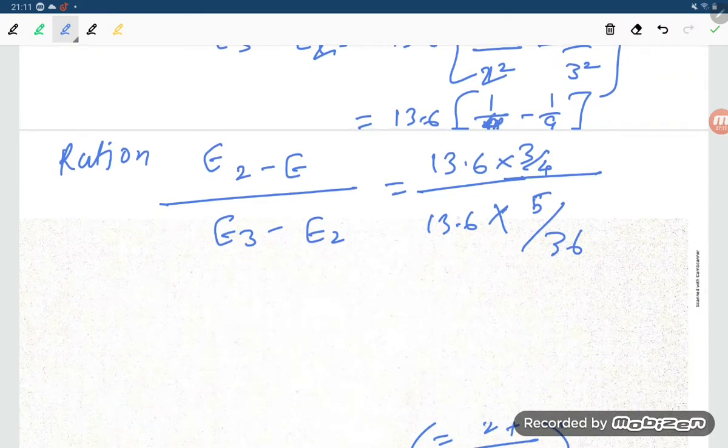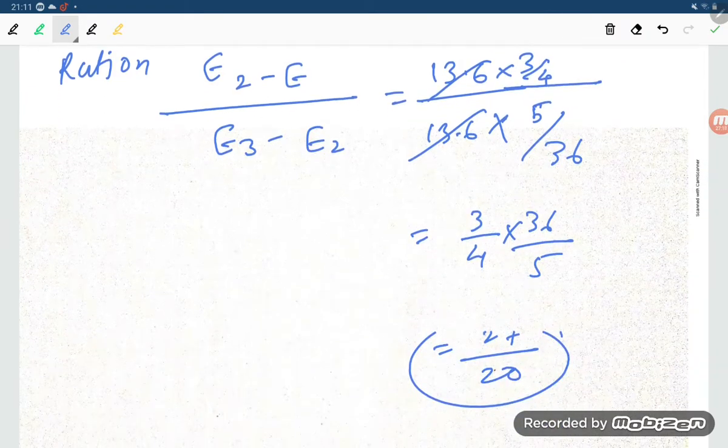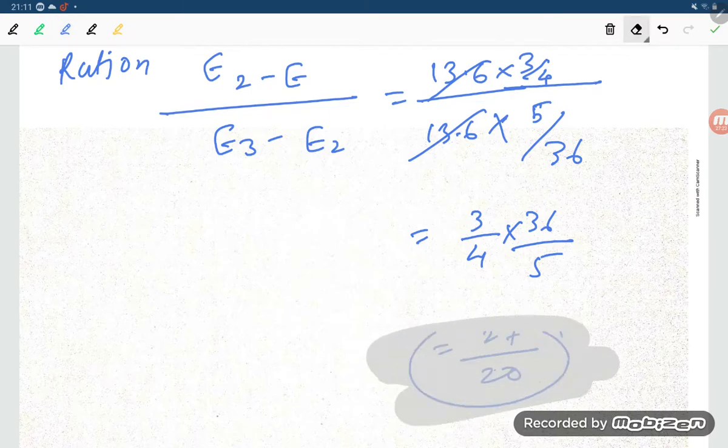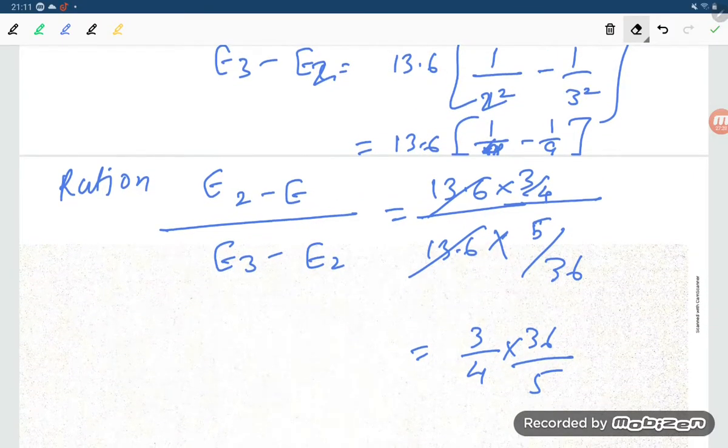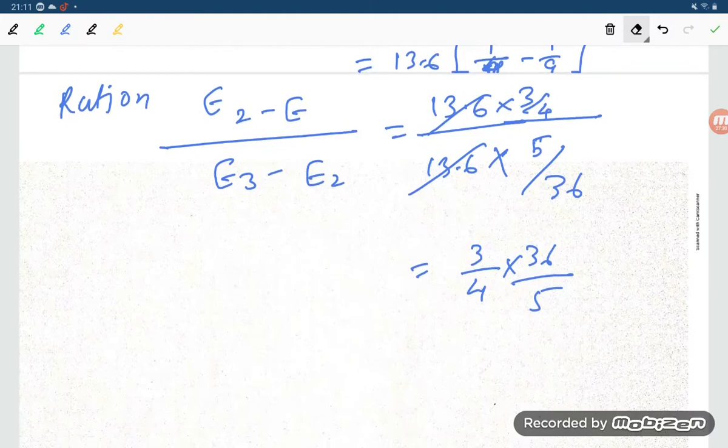Now you solve this. This cancels out, student. 3 by 4 into 36 by 5. If you are solving this, still there is a problem, student. I am not able to get the answer for this. Okay, we have to solve this in a different way.